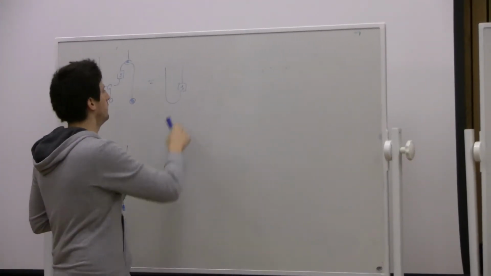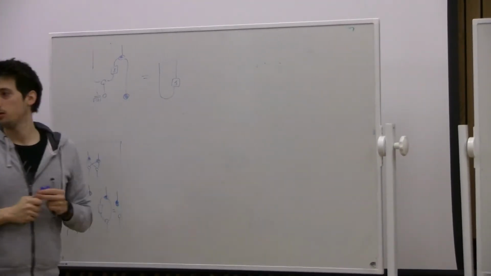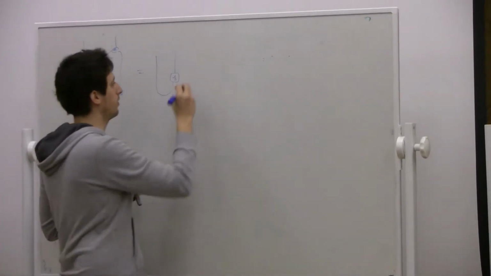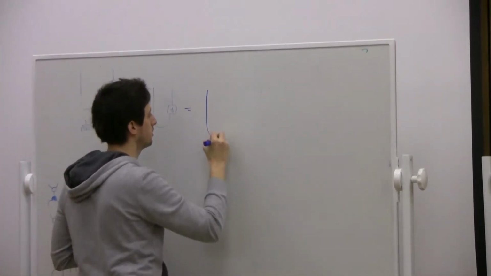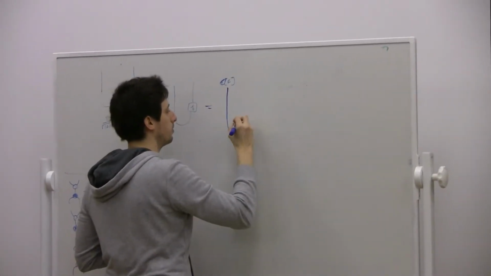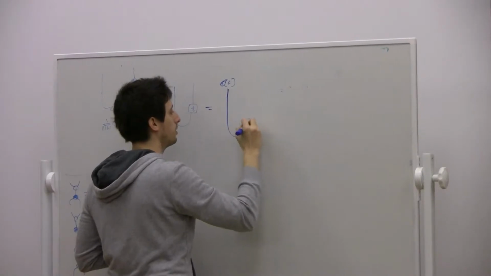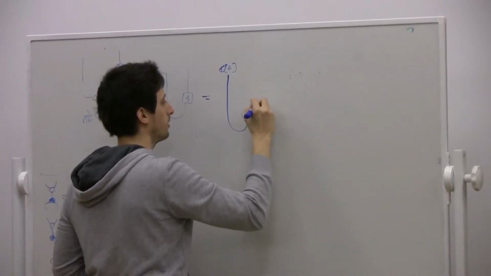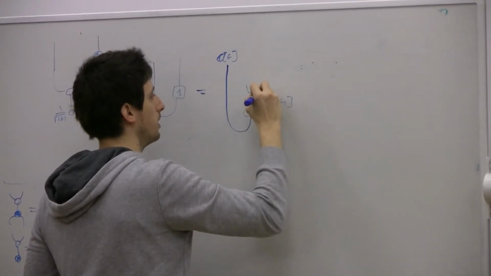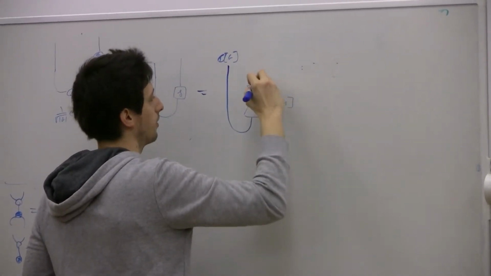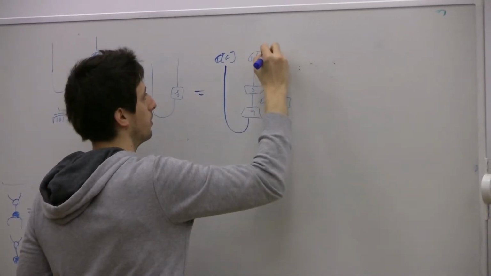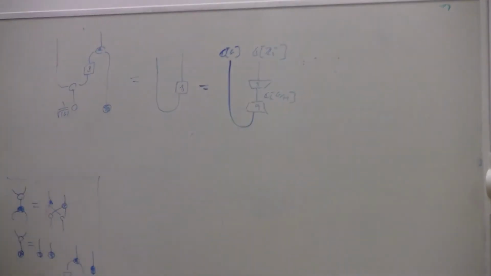Now, this f is not a random f, it's an f with a promise, and I can rewrite it. So this is in the group algebra of G, then there will be a quotient map, then there will be something in the group algebra of G over H, then there's going to be an isometry, which I write as S, and then I'm going to get something in the group algebra of bit strings.